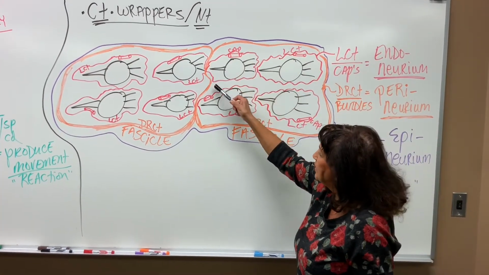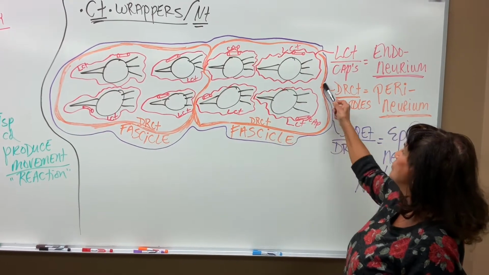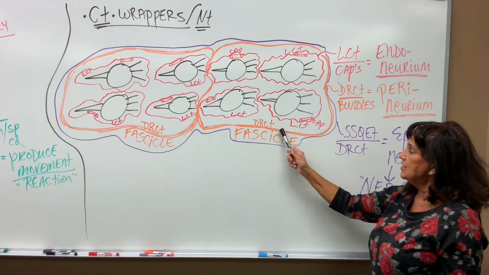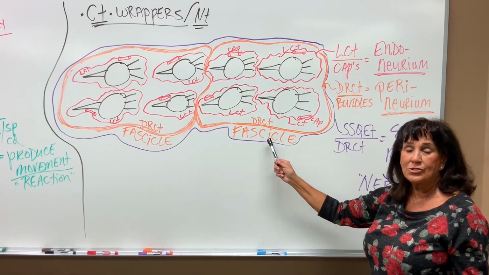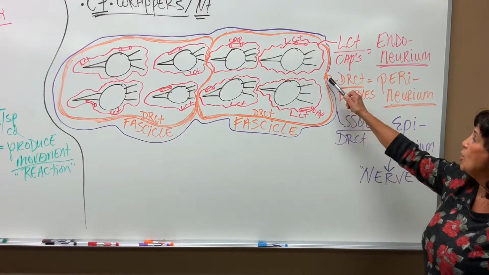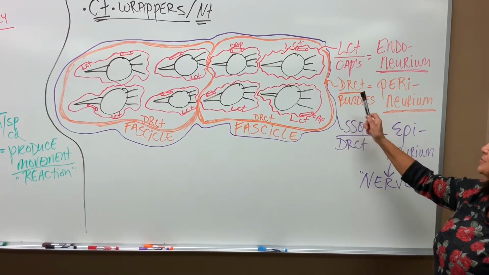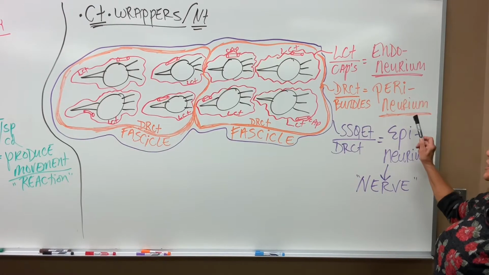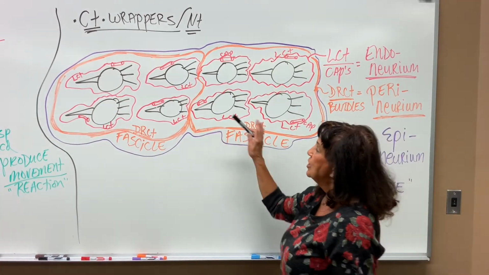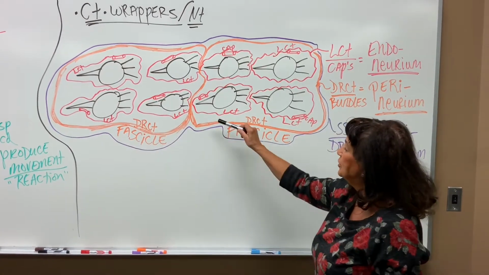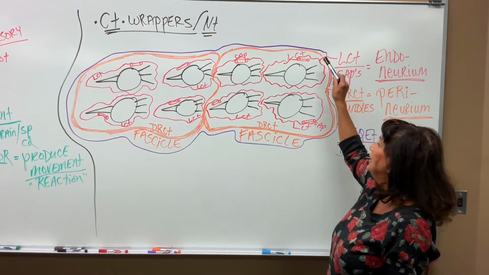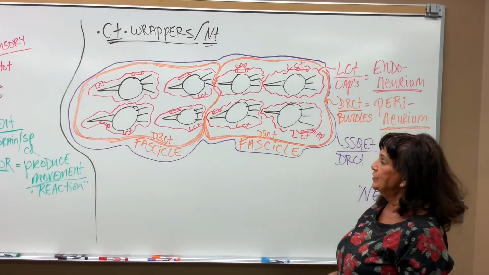Then you have to bundle a group of cells together, and here is the orange layer going around, and the orange layer is dense regular CT making a bundle, and the bundles are called fascicles, just like in muscle tissue. So what do we call this CT wrapper made out of dense regular CT? Perineurium. And then once you create a couple bundles of nerve cells, you're going to wrap it all together like one big present right here. That's going to create a nerve, essentially.